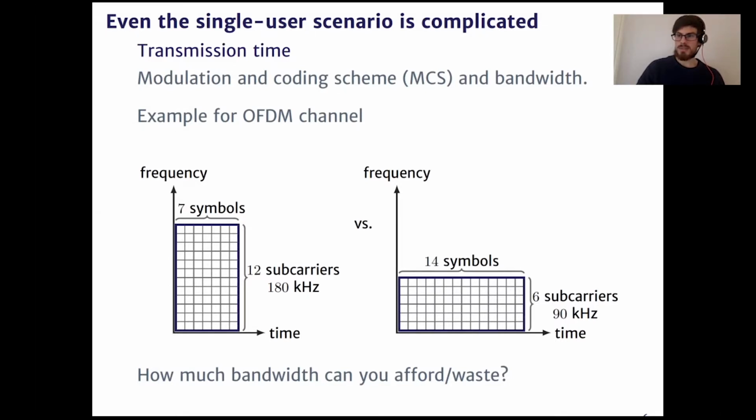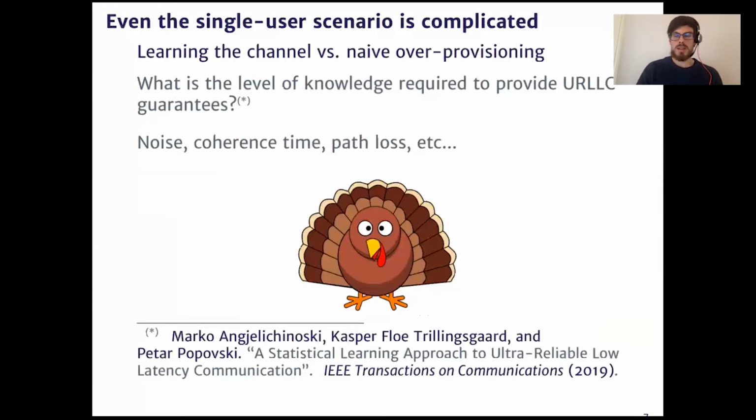Hopefully there will be some techniques and some options to get the most out of what we can afford, really, and not go overboard with this naive over-provisioning. So I heard that you already had Peter's talk about learning and probably approximately correct measures, basically. So the key to not over-provision is to learn the channel or learn the system.